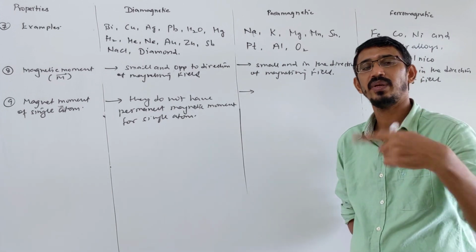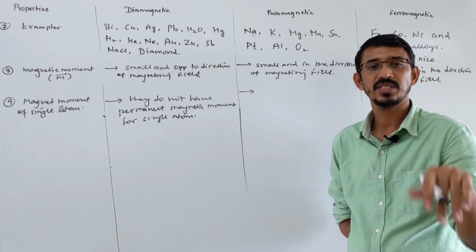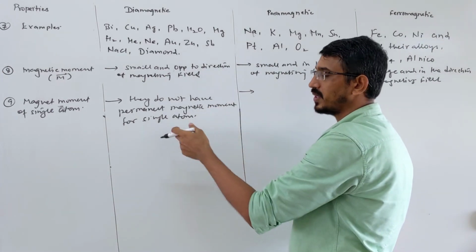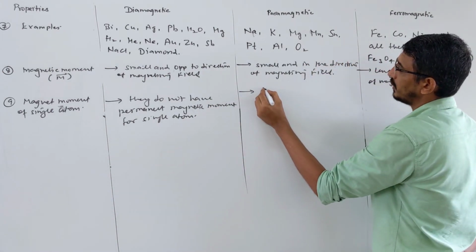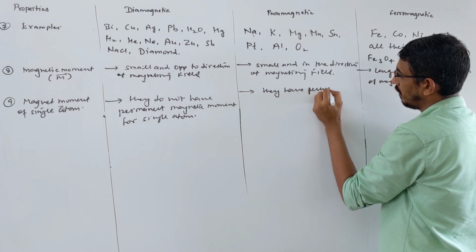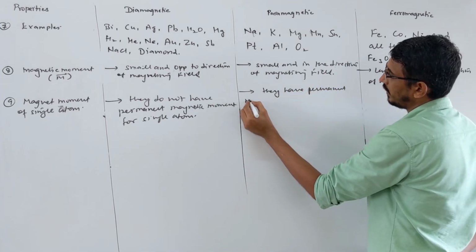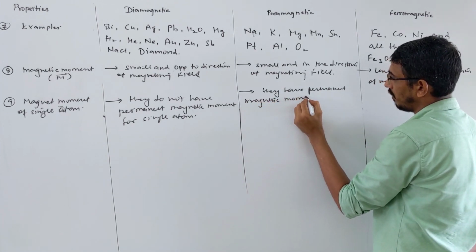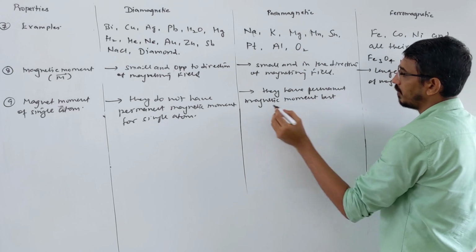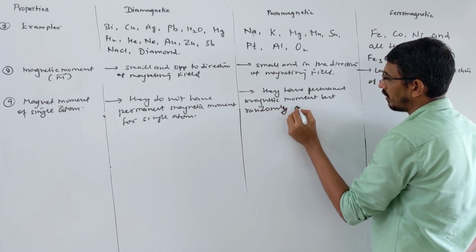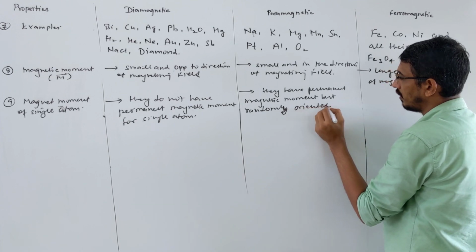So the net magnetic moment in the absence of an external field is again 0 only. If they ask you what the net magnetic moment is, the answer is 0. They have a permanent magnetic moment, but randomly oriented.